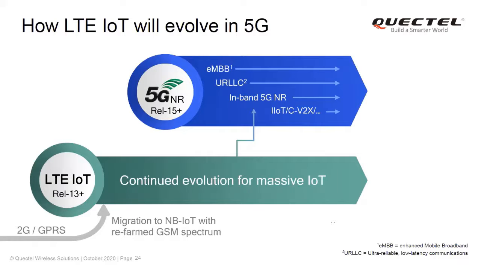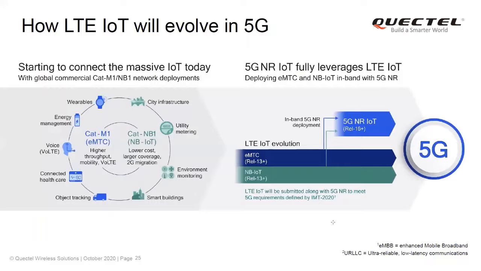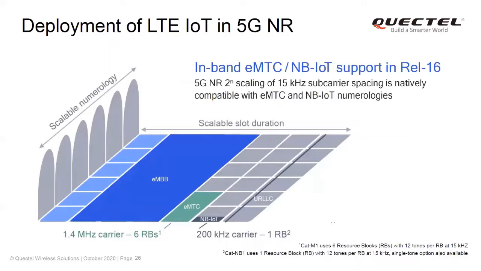And this in-band 5G new radio actually includes current LTE IoT. So all that was defined in release 13, so eMTC or Cat-M and NB-IoT, we migrate now here. And let me explain how.